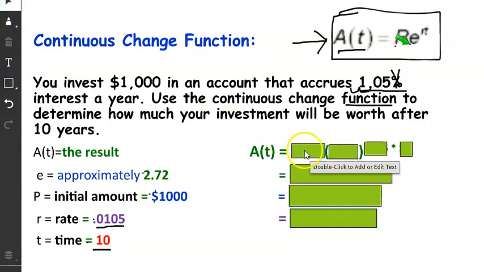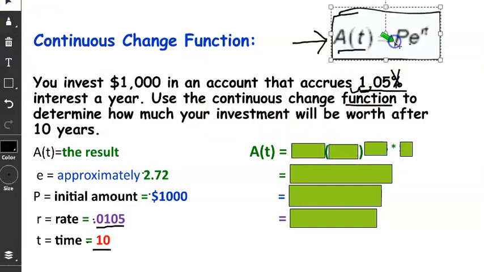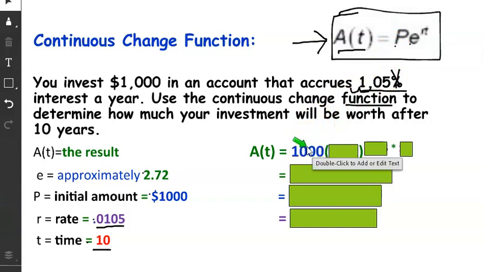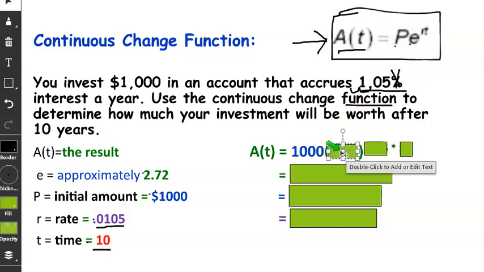We're going to take out the capital P and replace it with the initial amount, the $1,000 we put in. I am using parentheses to represent the E and the multiplication in this equation.